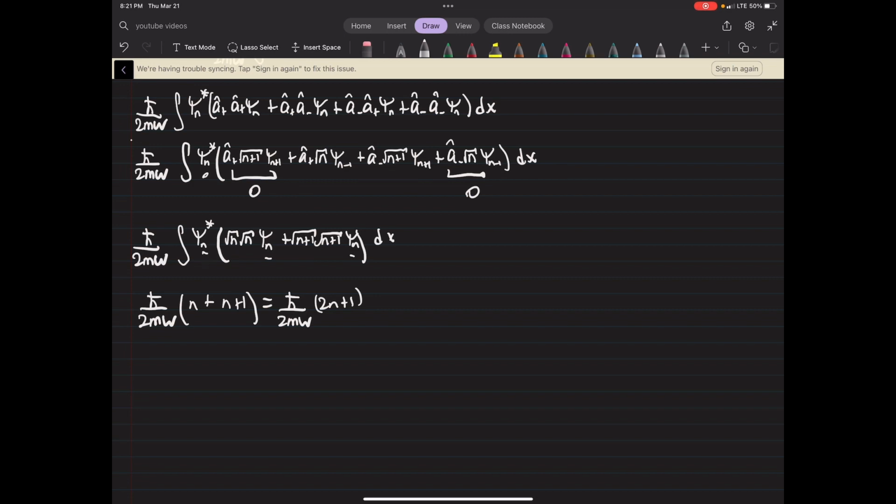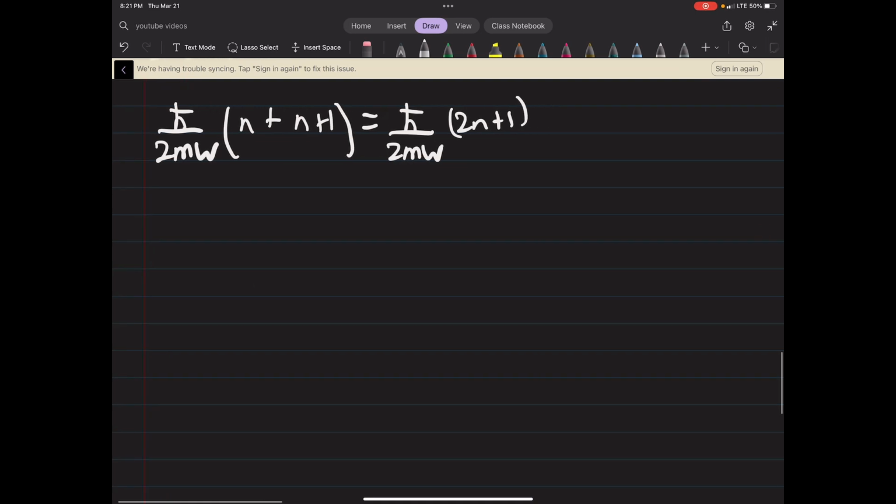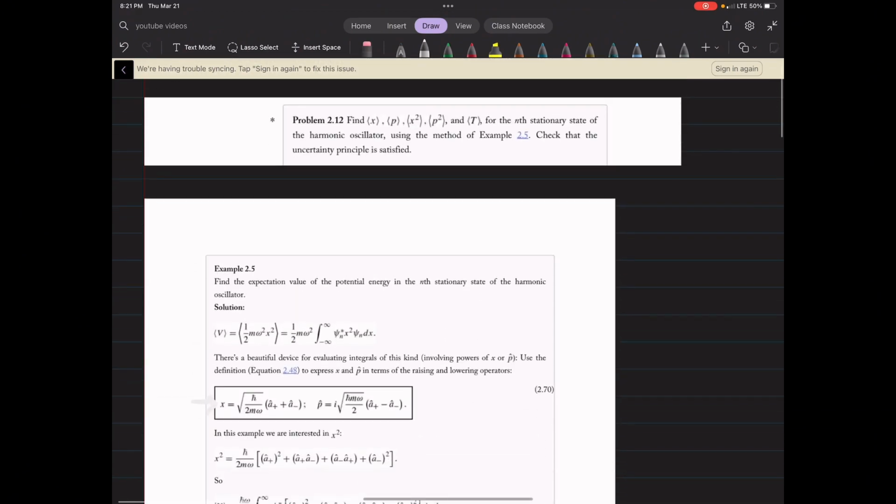And the next one is to find the expectation value of our momentum squared. So that's what we need to find now. So then, this will be minus h bar. Let's remind ourselves up here.